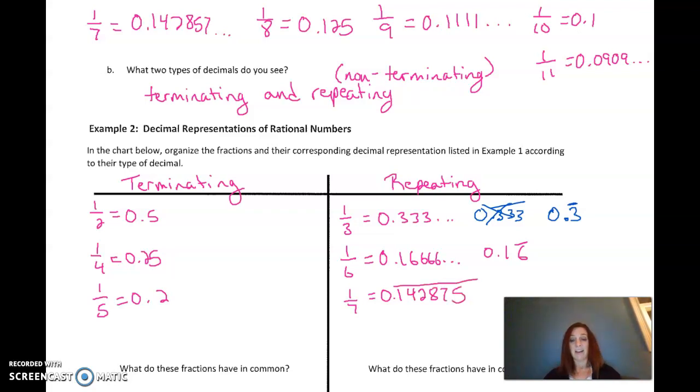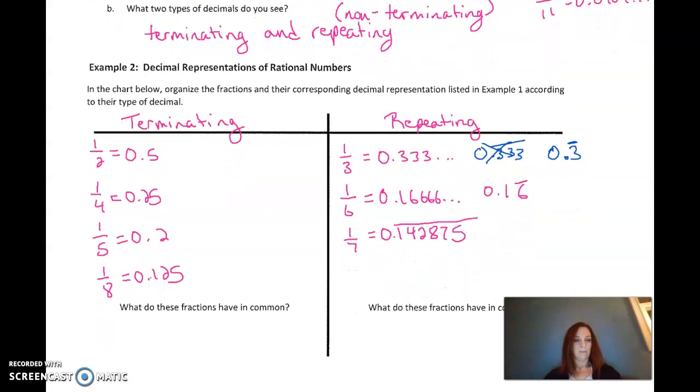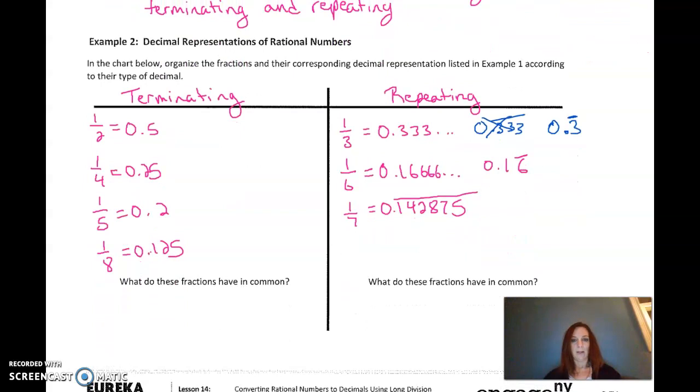0.142857. Now look at that, the whole thing's repeating. I'm putting a line over it. 1/8, that's 0.125. 1/9 is repeating, 0.1 repeating. So I'm just going to write it as 0.1 with the bar over the 1. 1/10, you get the idea.